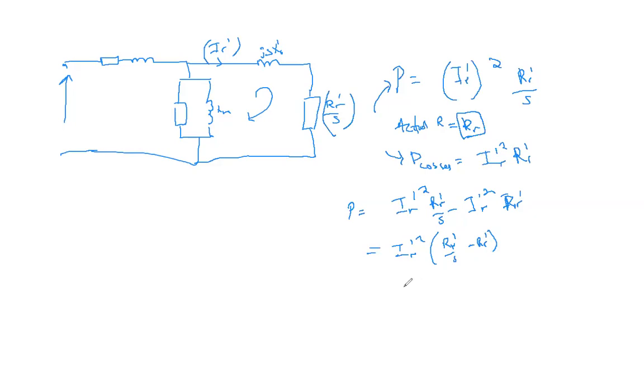So this becomes IR prime squared times one over S minus one, which I can also write as IR prime squared multiplied by (1 minus S) over S times RR prime.